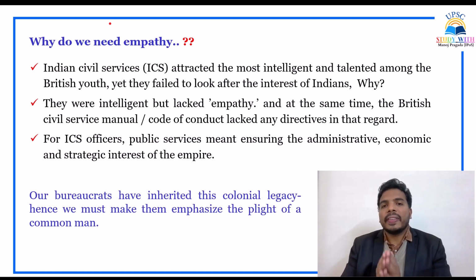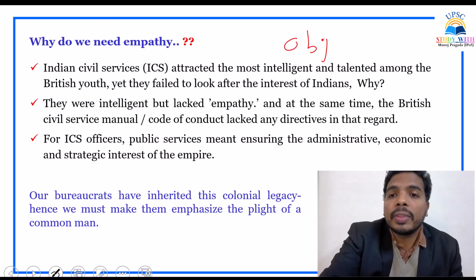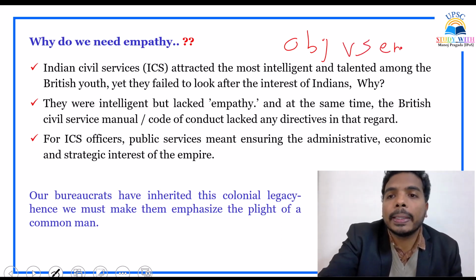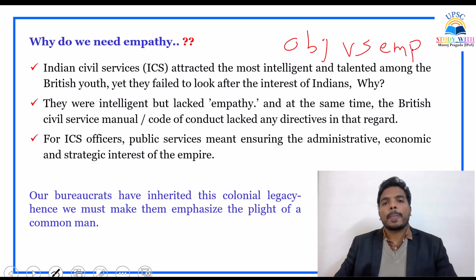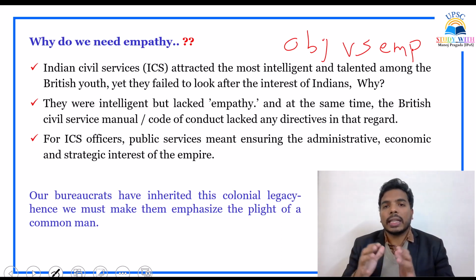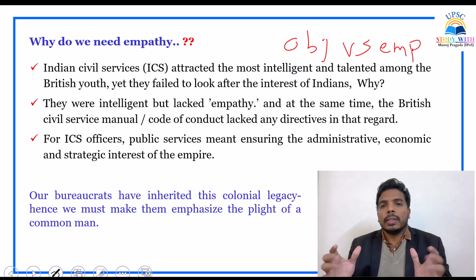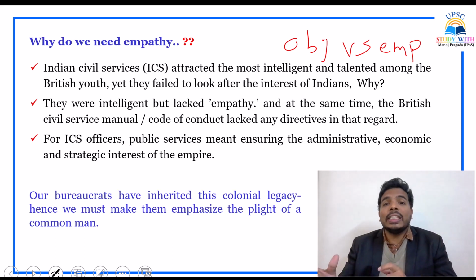Because in the West there is always a conflict between objectivity versus empathy. These two values are contradictory to each other. Why? Because objectivity talks about the overall, while empathy is targeted towards the individual. That is the major difference.